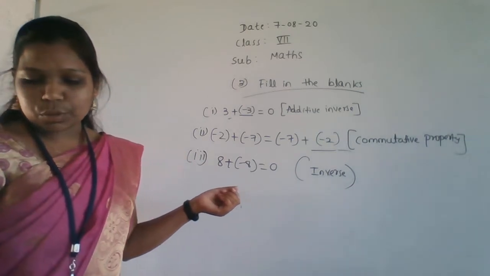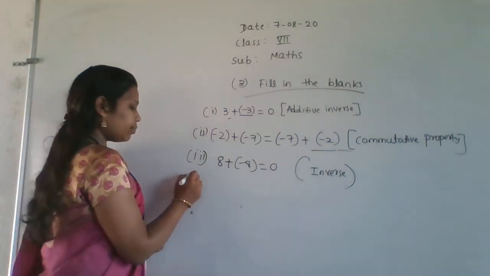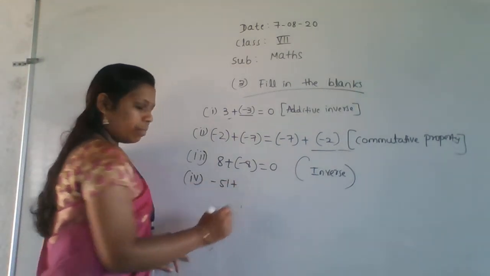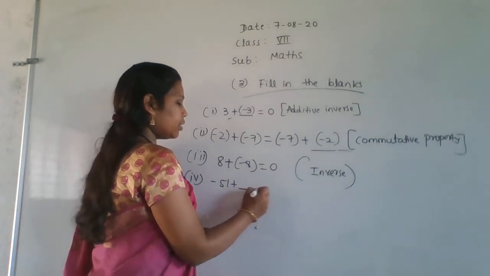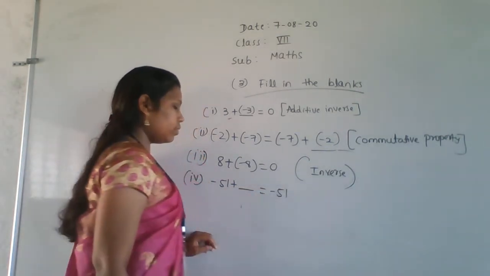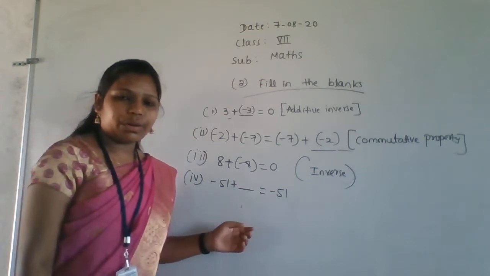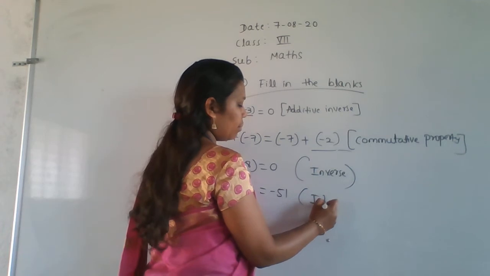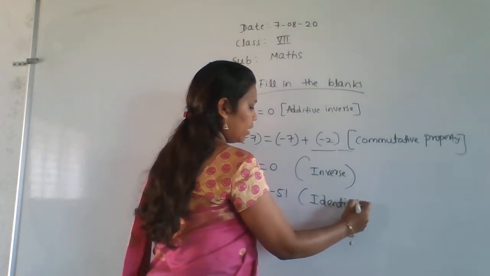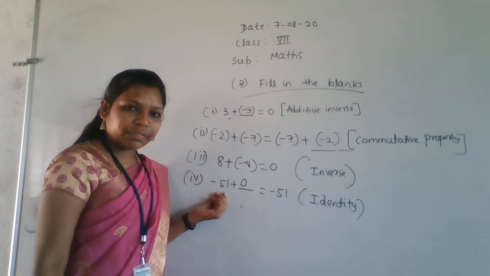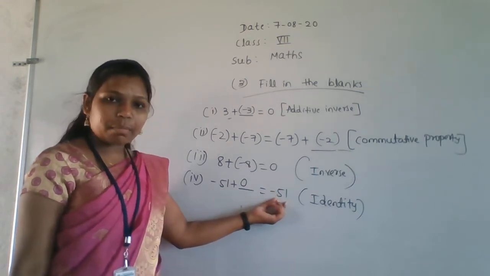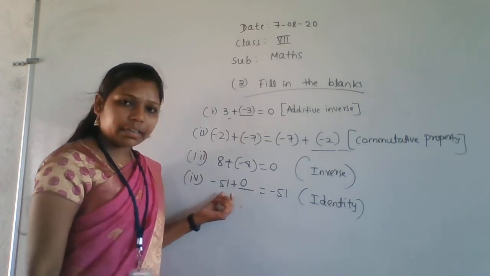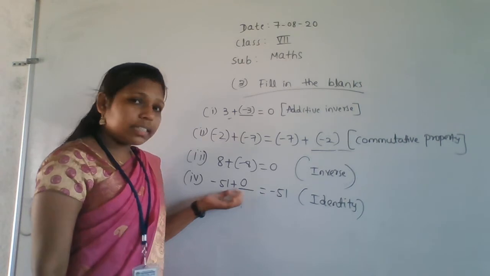Okay, next we move to the fourth one: minus 51 plus dash is equal to minus 50. What are we going to add here? 0, because it is an identity element. Here minus 51 is there, and the answer is also minus 51, so we are getting the same number.